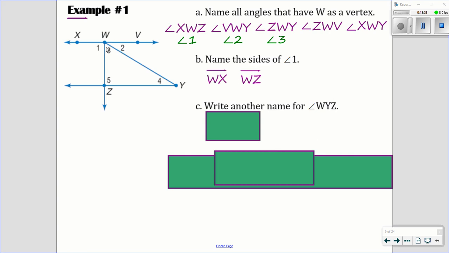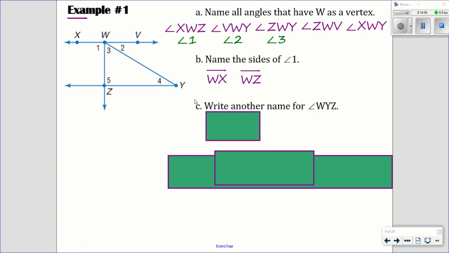Because it's a ray, you have a starting point, and then it just shoots off in whatever direction. So that's why you start off with W, and then Z or X tells you the direction, W is the starting point, the endpoint.